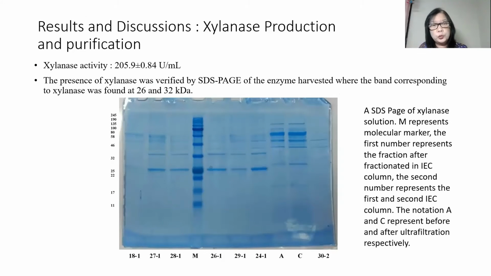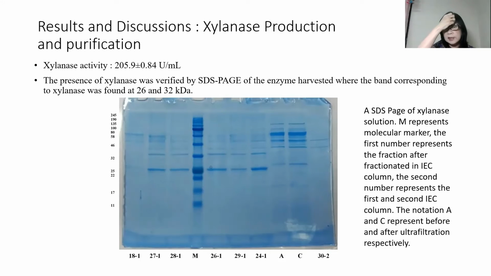So in the results and discussion, I would like to show you the Xylanase production and purification. The Xylanase activity from the production using the media I mentioned before is about 205.9 units per milliliter. The presence of Xylanase was verified by SDS-PAGE of the enzymes.